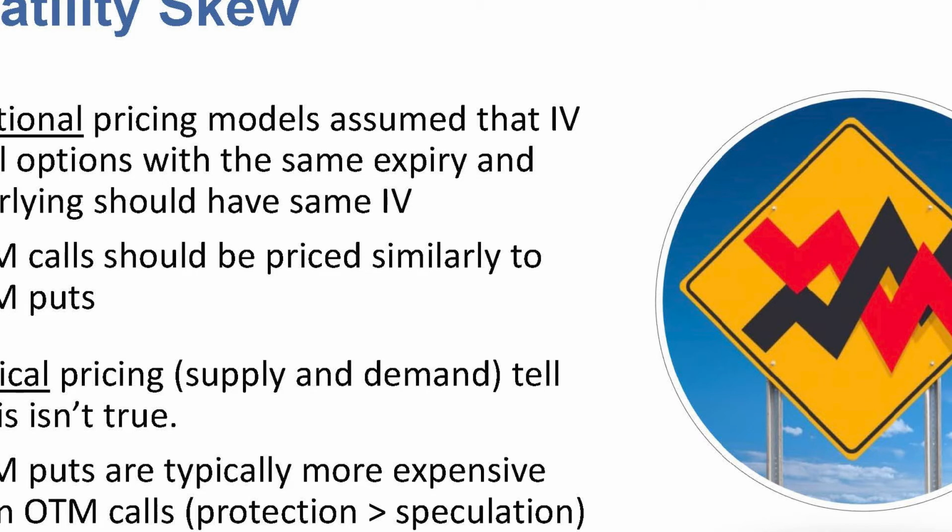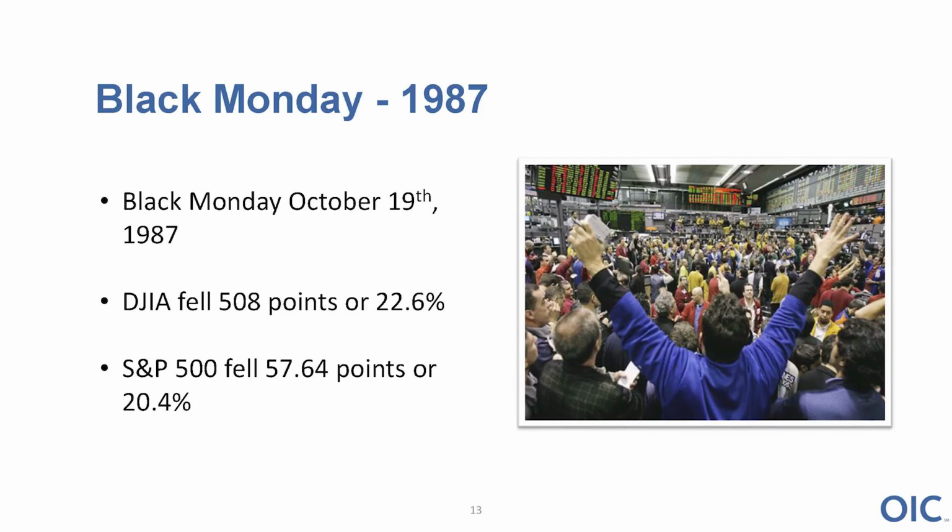These days, we know that isn't true. We know that the downside is more expensive than the upside for most indexes and stocks, and there's a very good reason for that. I don't know if everybody remembers Black Monday, October 19th, 1987, when the Dow Jones fell 22.6% and the S&P 500 fell 20.4%.